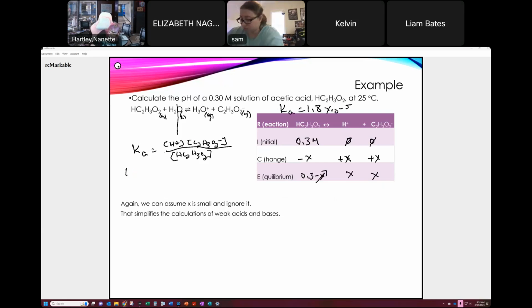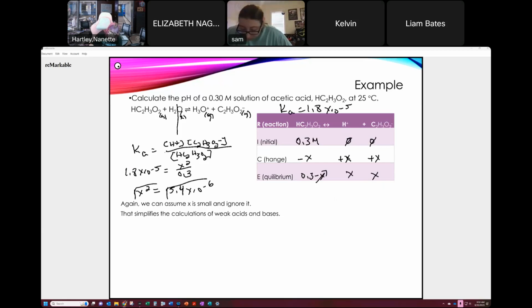So 1.8 times 10 to the minus fifth is equal to x squared over 0.3. I know that x squared is equal to 1.8 times 10 to the minus fifth times 0.3, 5.4 times 10 to the minus 6 is what my calculator spit out for that.